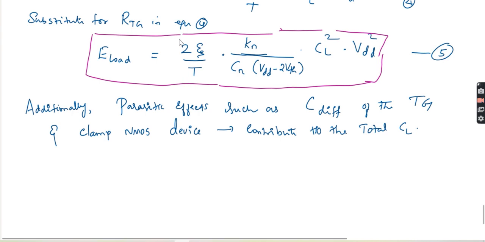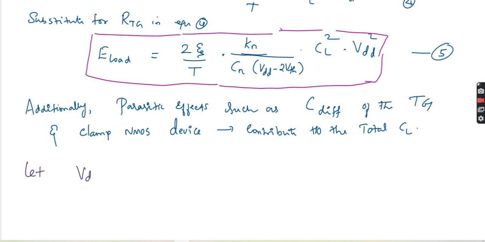Let us take some notation. Let us take VDD equal to m times VTH, and let us take the time constant tau n equal to Kn divided by VTH.